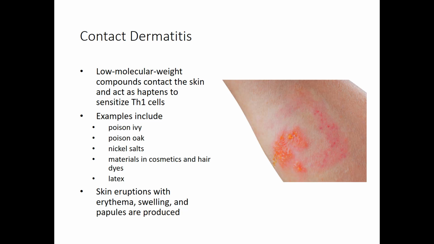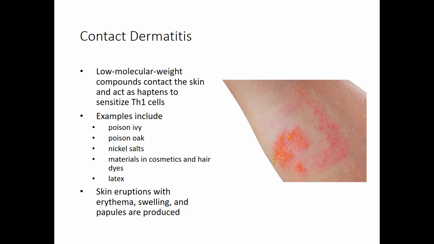And as I said, some of the examples: poison ivy, poison oak, nickel salts, some materials in cosmetics and hair dye. So if you happen to dye your hair and they tell you to do the patch test first, there's a reason why. You don't know until you've got this all stuck on your head if you're going to have a reaction to it or not.